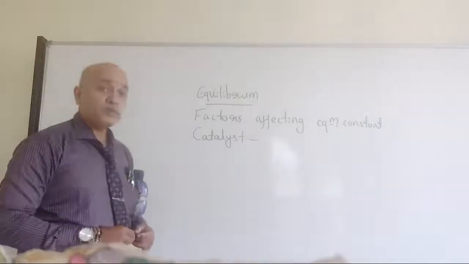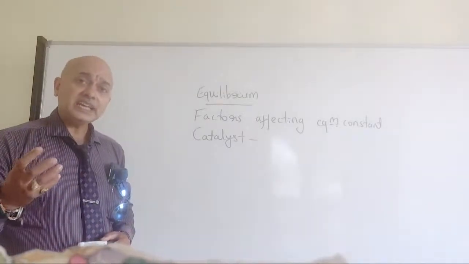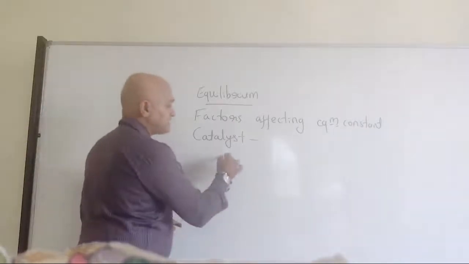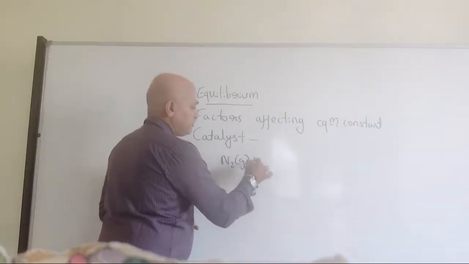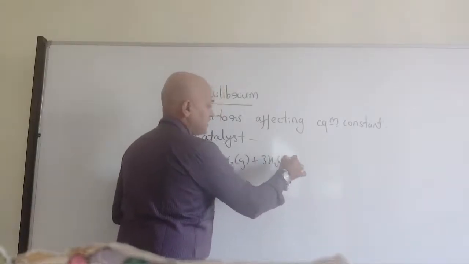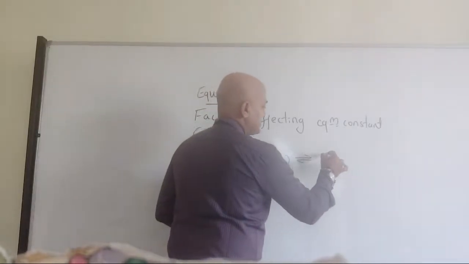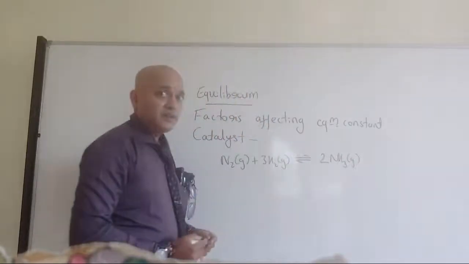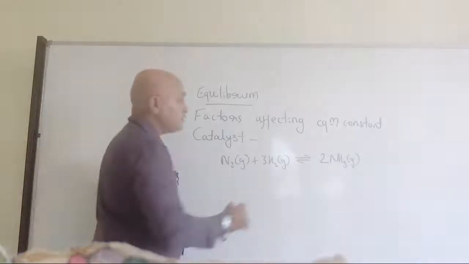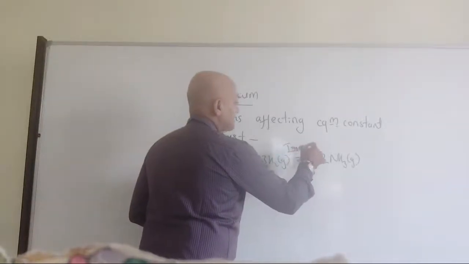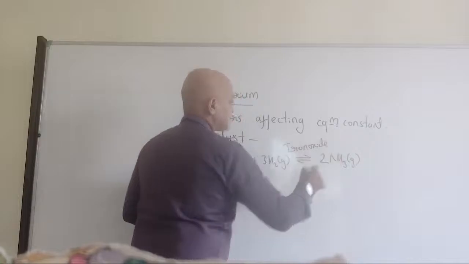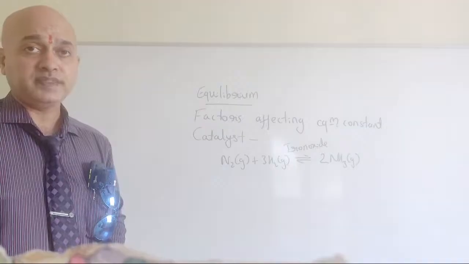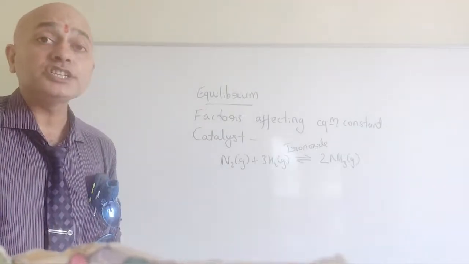However, when I am talking about the catalyst, does the catalyst really have an impact on the equilibrium? Once again, I will take the same reaction: nitrogen plus hydrogen, then we have the condition, and two molecules of ammonia will be formed. For this reaction, we are going to use the catalyst iron oxide powder, which is an example of a heterogeneous catalyst.